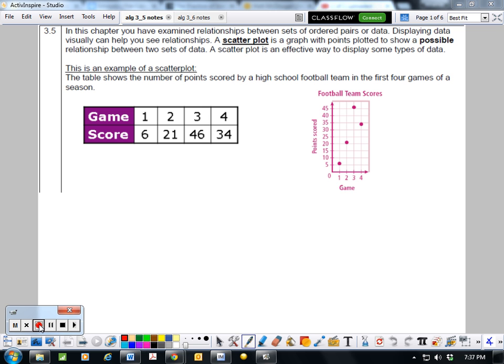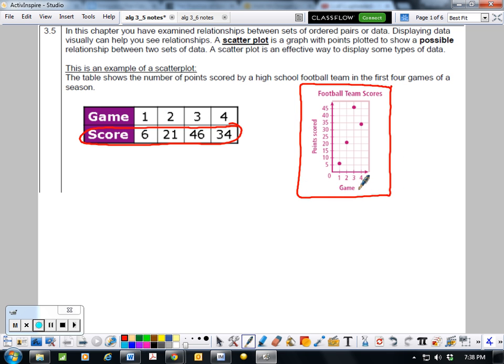We have a table that shows the number of points scored by a high school football team. So here's our score for each of the first 4 games of the season. First game they scored 6 points, second game 21, third game 46, and fourth game 34. Now our scatter plot is this graph over here, where I took my independent variable, the game, and I graphed that versus the points scored, or my dependent variable.